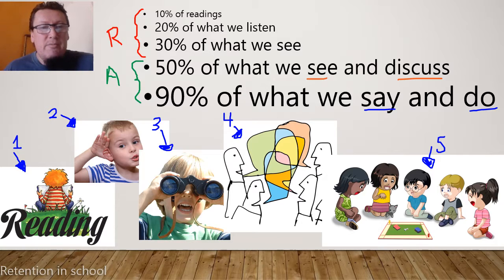and let me just do some color coding here. So the seeing part is a receptive part or a passive part. And let's say the discussing part is the active part.